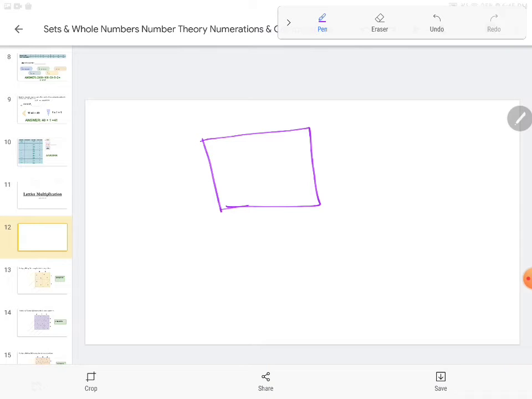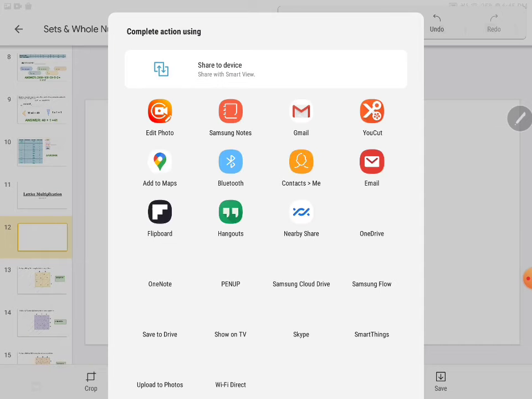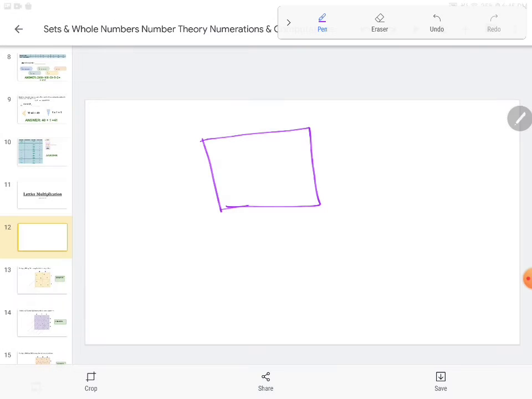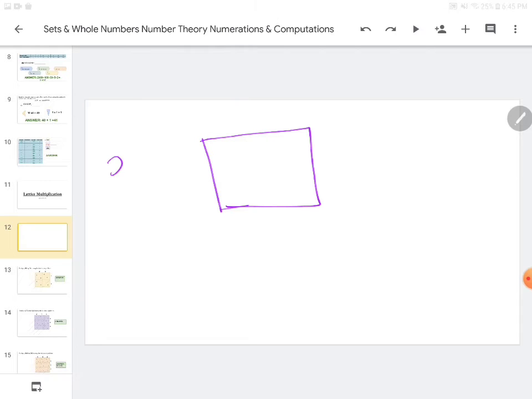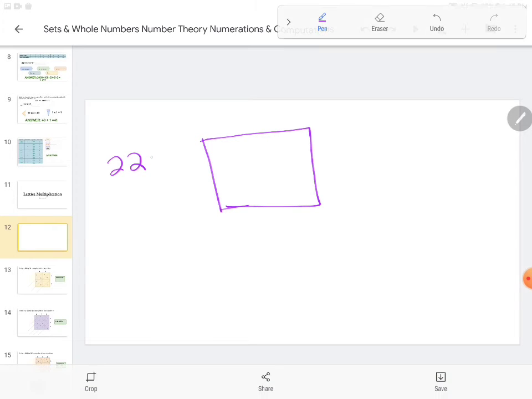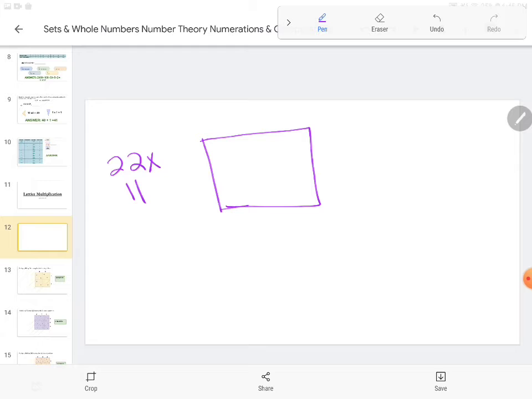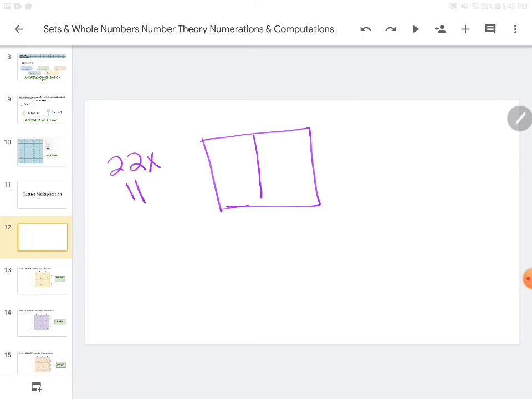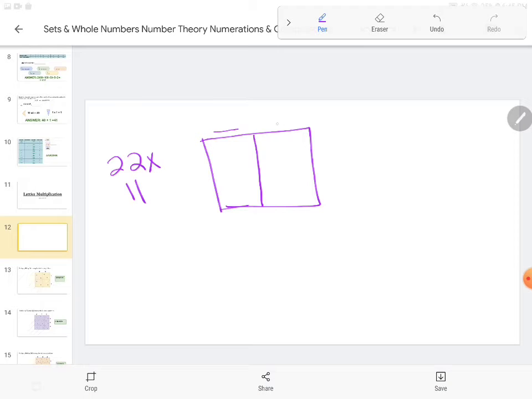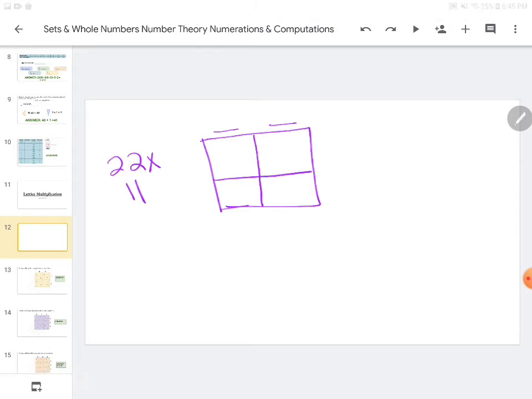Let's say you are given the problem multiply 22 by 11. Well, you have 2 digits in the first number, and 2 digits in the second number. So you can split your box down the middle so that you have one spot here and one spot there for a number, and then you can split it across and you'll have a spot here and here for a number.